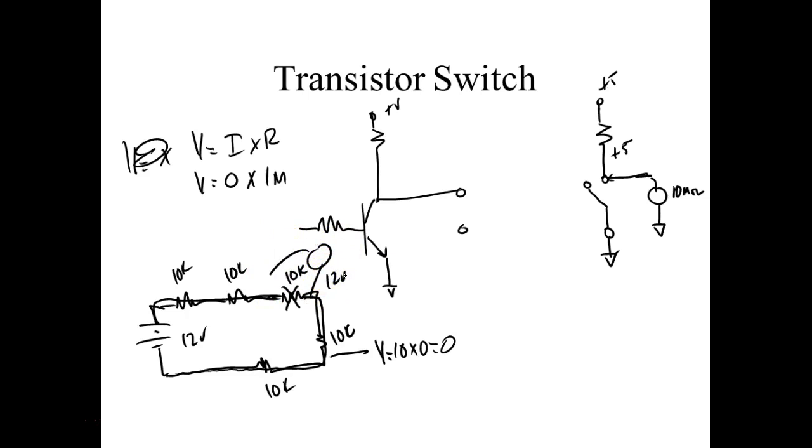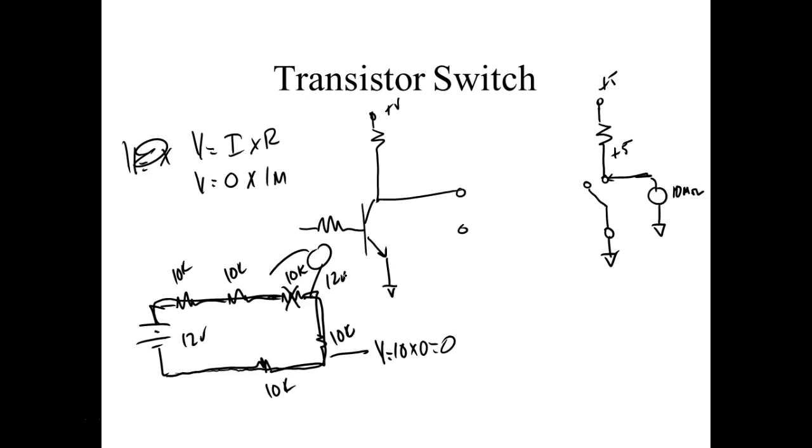And that's why, in a series circuit, if you have an open, the entire voltage appears across the open, because there's no current flow in the circuit and nothing in the circuit is dropping a voltage. So there's my switch right there.